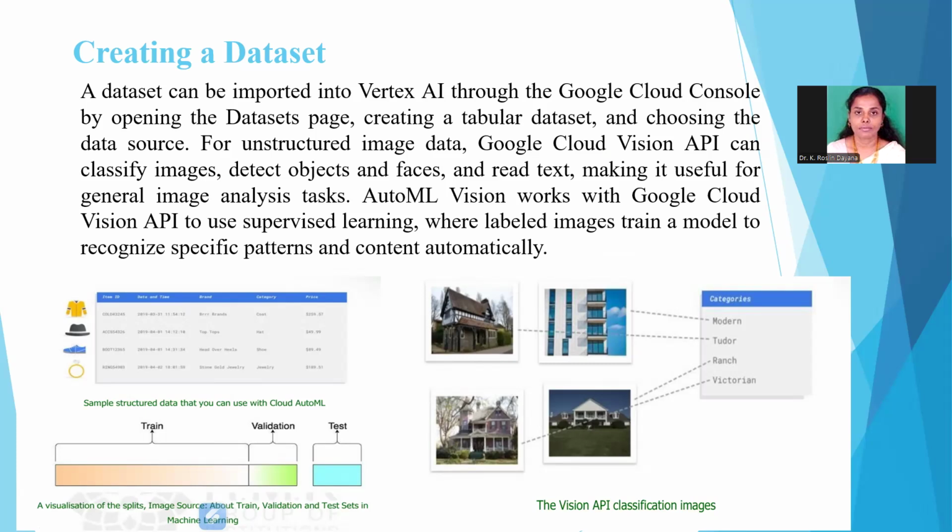AutoML Vision works with it to use supervised learning, where labeled images train a model to recognize specific patterns and content automatically. So in supervised learning, images will be labeled, so it will be easy to train the model for a particular purpose.